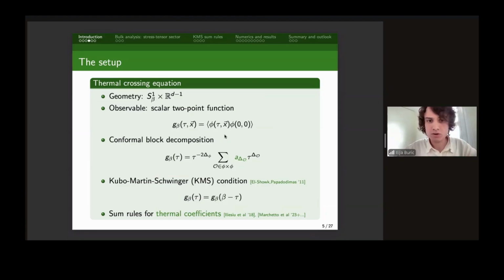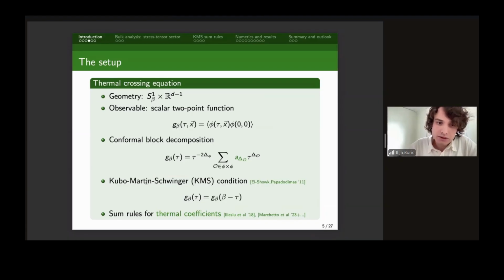So then this two-point function becomes a single variable function of tau, and it satisfies two interesting properties. One is conformal block decomposition, which is the decomposition in powers of tau, and the coefficients in this decomposition are dynamical, and they are called thermal coefficients, these A's. So these are something that we want to determine.